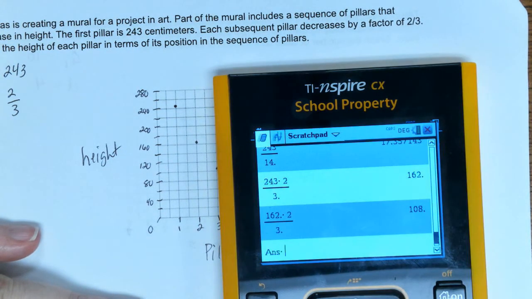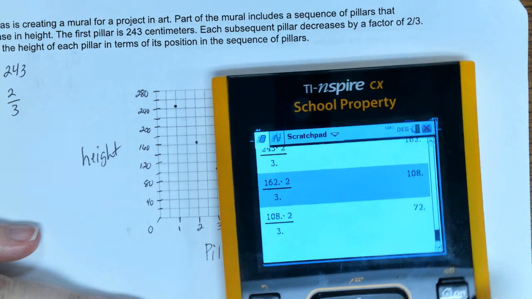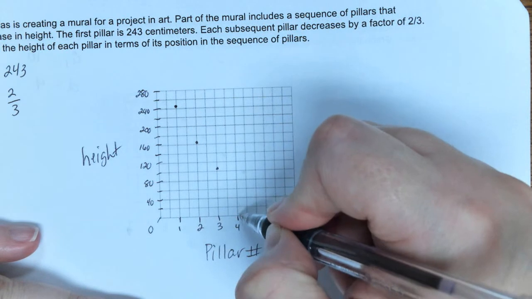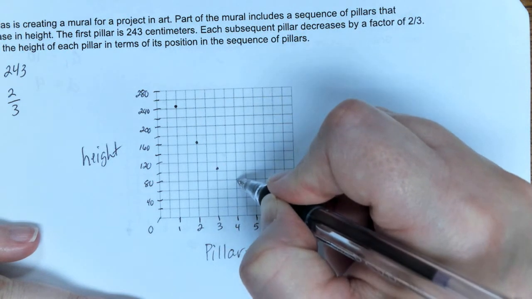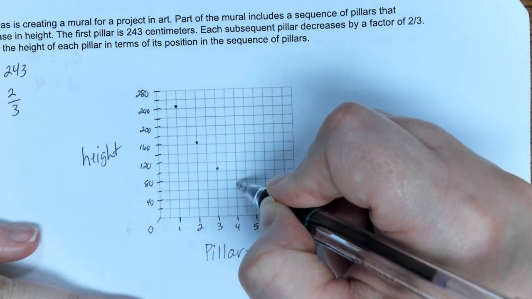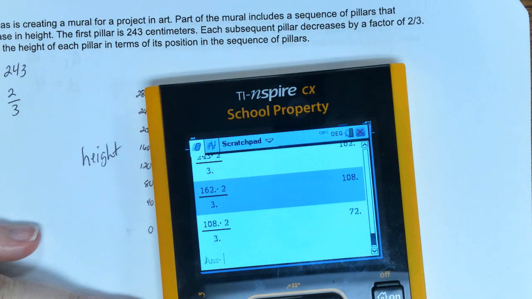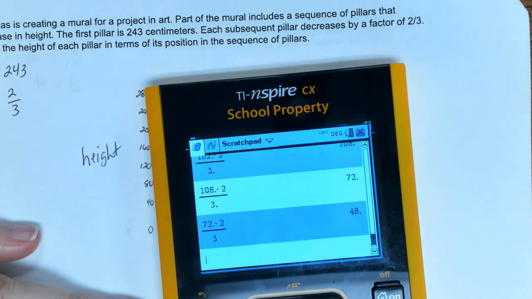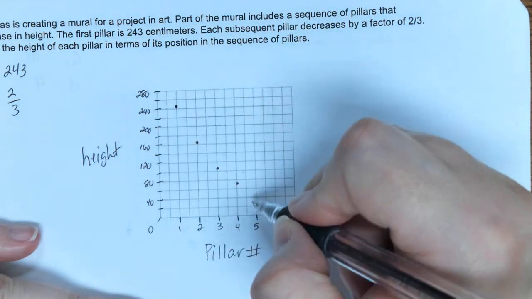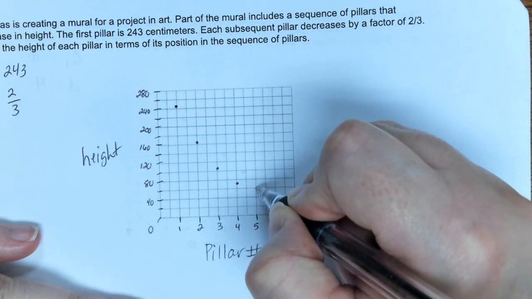Times 2/3 again. Remember, that's our rate, so that's what we're using every time. Then we're at 72. So here's 80. This will be 60, 70, 72. Times 2/3 is 48. So if this is 40, this is 60, there's 50.